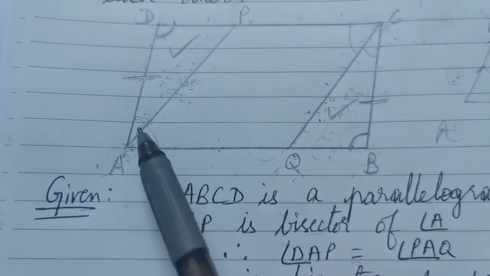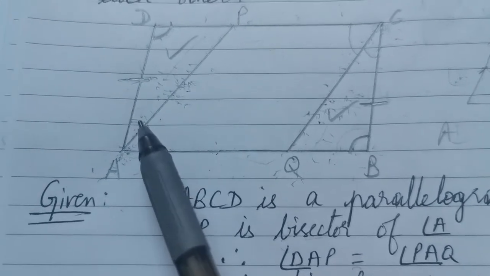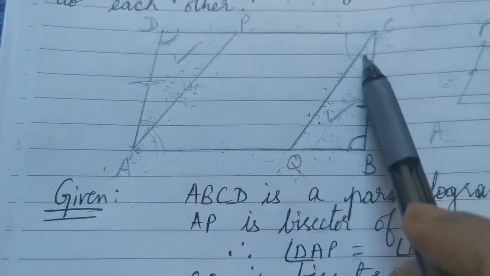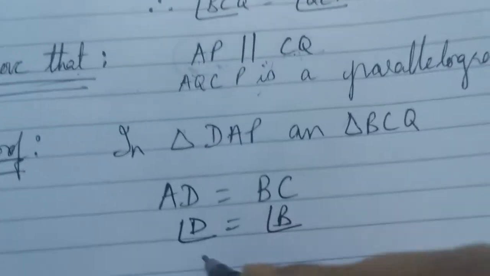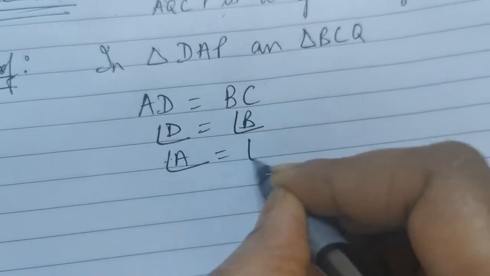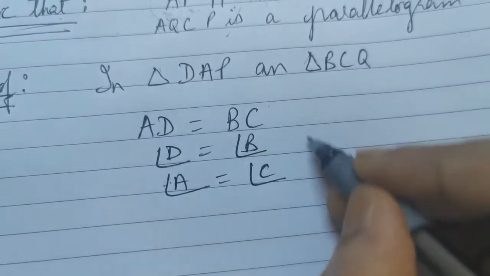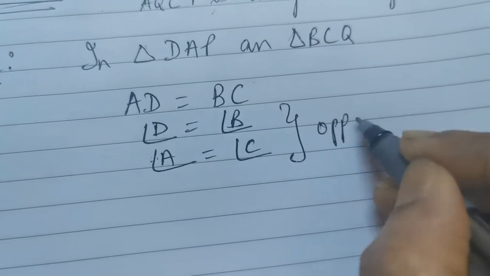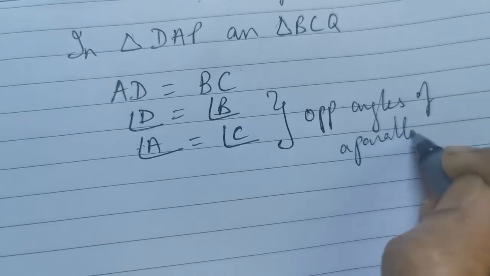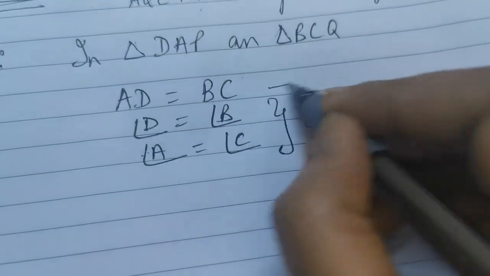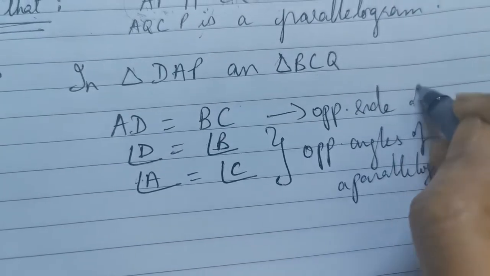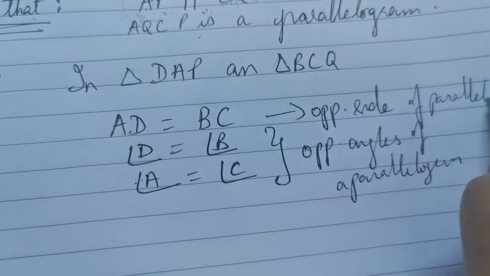But do we have the entire angle A here? No. We have only half of angle A. And here we have only half of angle C. So, we know that angle A is equal to angle C, because opposite angles of a parallelogram are equal, and this is opposite sides of a parallelogram.